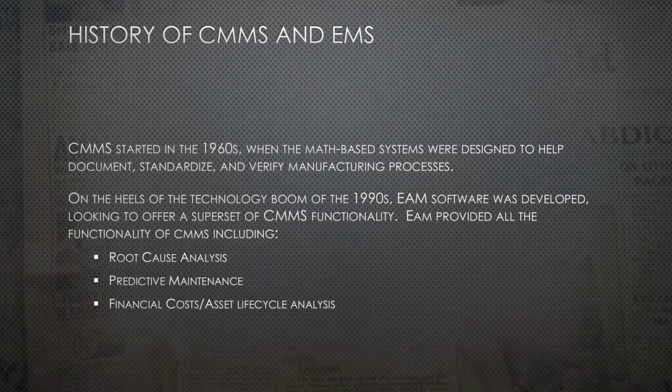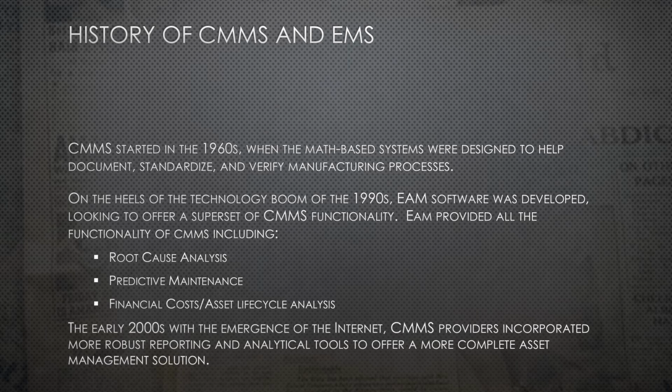It contained all the functionality of CMMS tools, but it also included root cause analysis, predictive maintenance, meaning it took the lifespan of an asset and tried to extend that by applying maintenance and predicting when assets would fail, and also financial cost and asset lifecycle analysis.